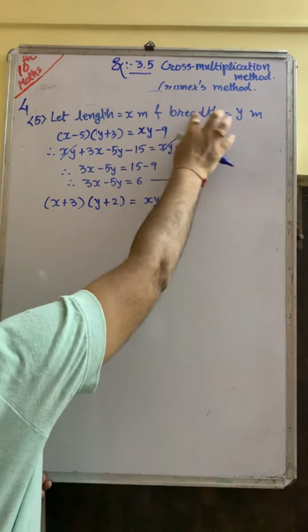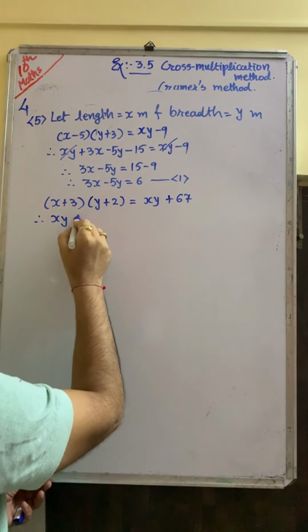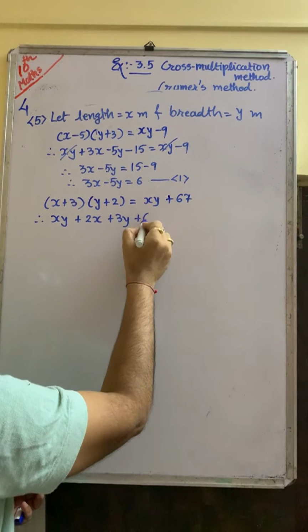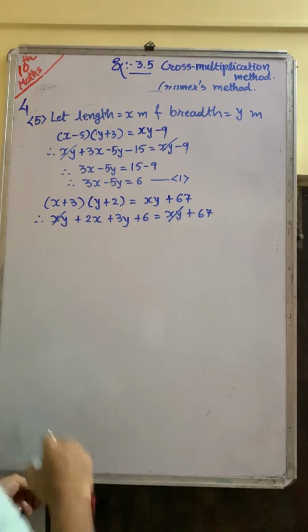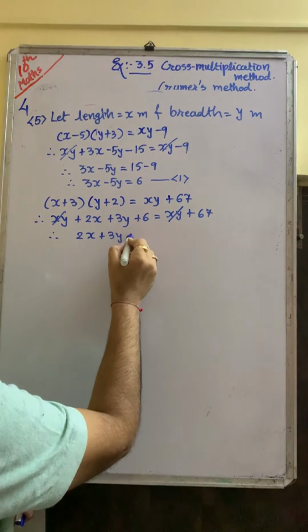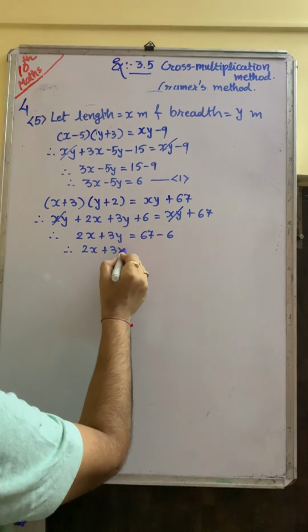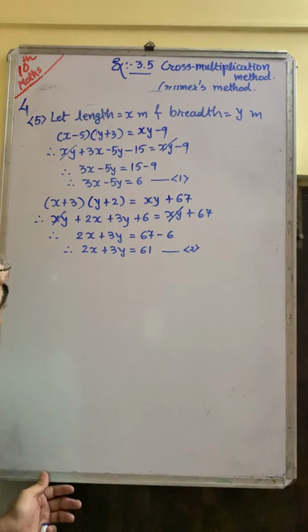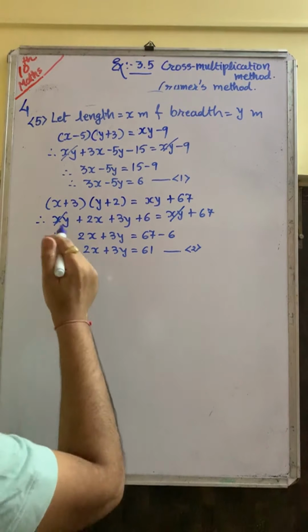Open the bracket: x into y, x into 2 is 2x, 3 into y is 3y, 3 2s are 6, equals xy plus 67. Both sides have the same term, xy cancels. So 2x plus 3y equals 67 minus 6. So 2x plus 3y equals 61. Equation number 2.